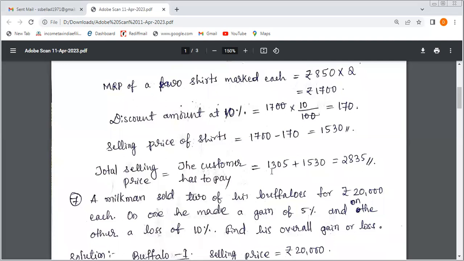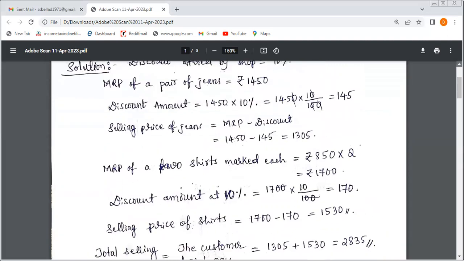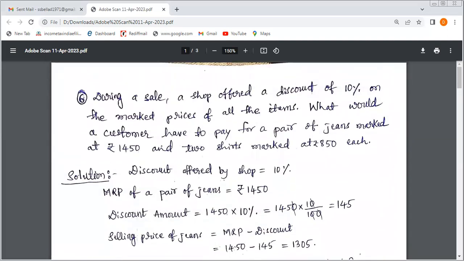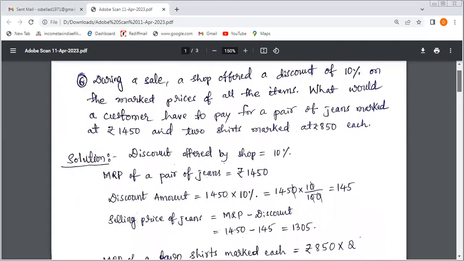So the selling price of the jeans is 1,305 plus the selling price of shirts is 1,530. Add these two, it gives 2,835. So this is the selling price. The aim of this problem is to calculate the selling price. So in this way, this problem is solved.